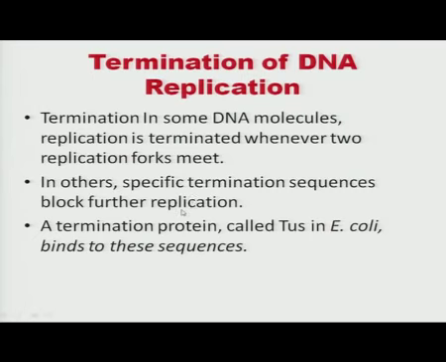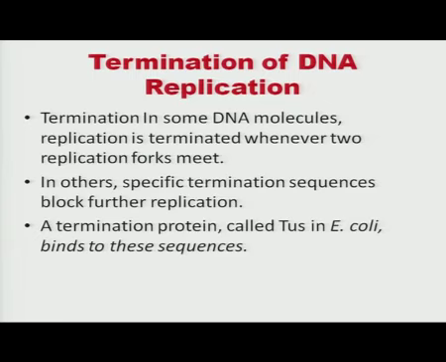Now, important, which we generally skip from the syllabus, the termination of DNA replication. In prokaryotic DNA replication, there are two ways of terminating replication. One, when the two forks meet together.